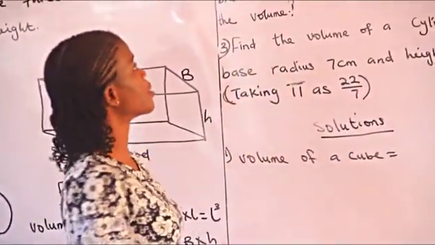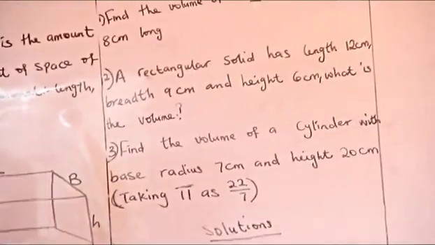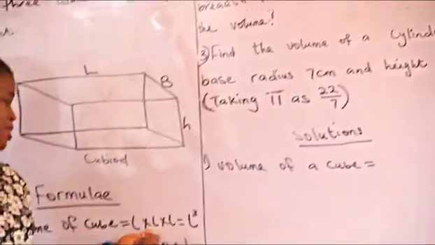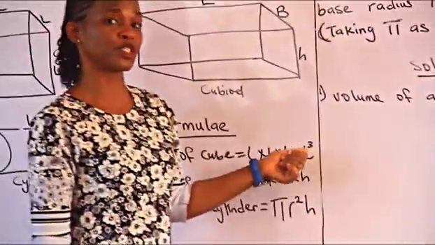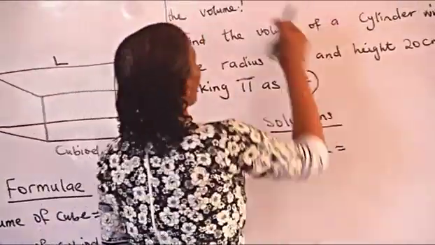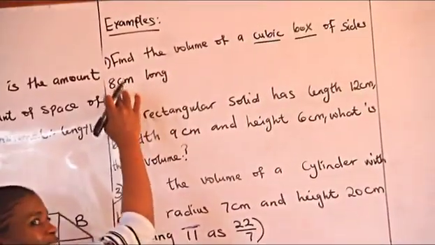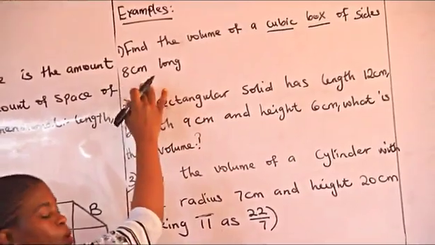Volume of a cube. We have said the formula for volume of a cube is length times length times length, which is length raised to power 3. And here, we are already given the length of our cube to be 8 cm, a side of the cube to be 8 cm long.